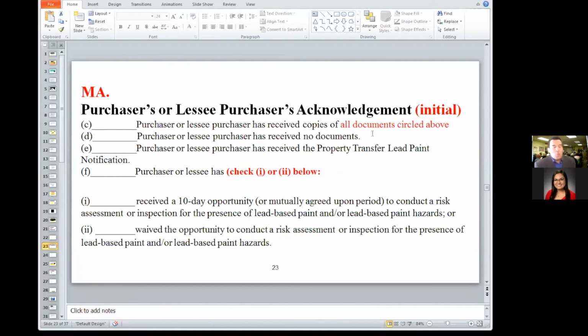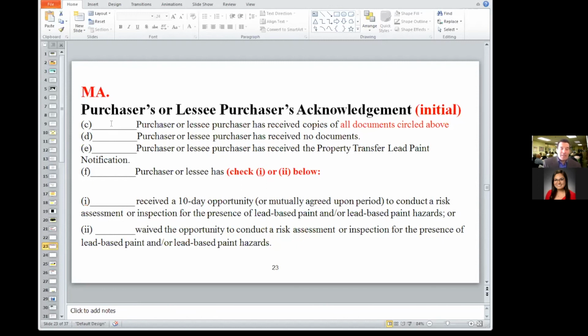And I'm telling you one thing, you guys are going to be confused. If you are a multi-state agent, New Hampshire and Mass, in New Hampshire it's filled out differently. In New Hampshire, it says purchaser received copies of information above, and you have to make sure you initial C and D every time. But in Mass, you pick and choose which one applies.